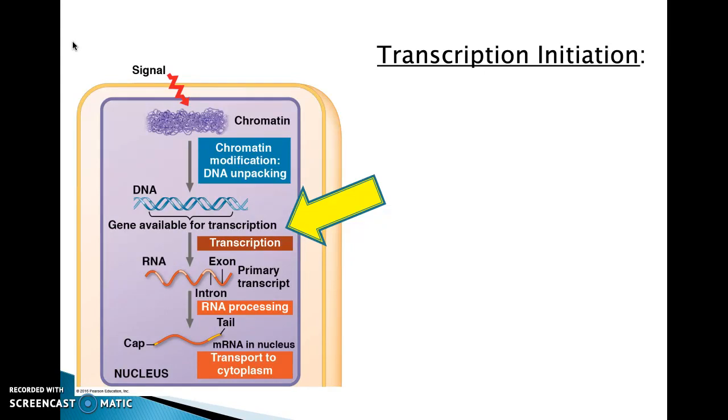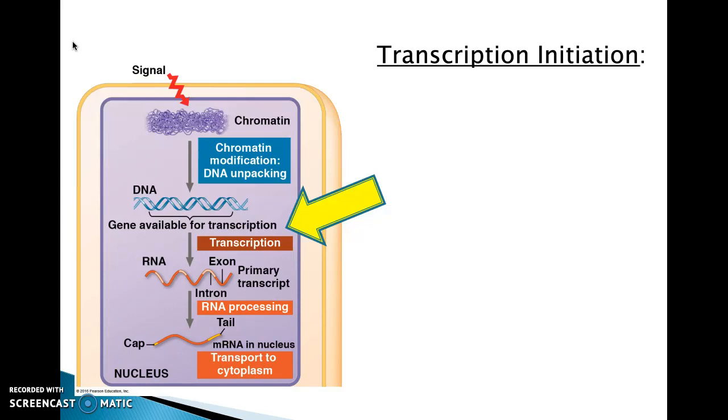So to remind you what transcription is, it is the process of DNA getting read and RNA being synthesized. And in a eukaryotic cell, it's going to be pre-mRNA, like a rough draft version of RNA first.